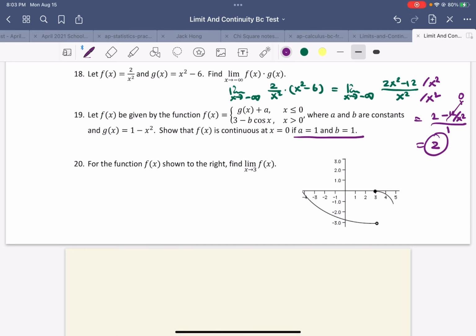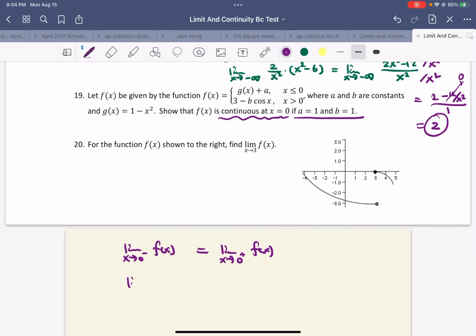To be continuous at x equals 0, the limit as x approaches 0 from the negative side of f of x should match the limit as x approaches 0 from the positive side of f of x. Then you can say f of x is continuous at x equals 0. That's a necessary condition to be continuous.